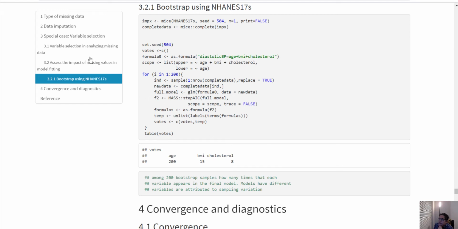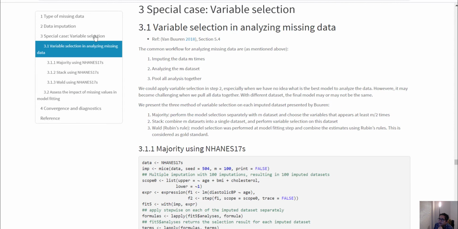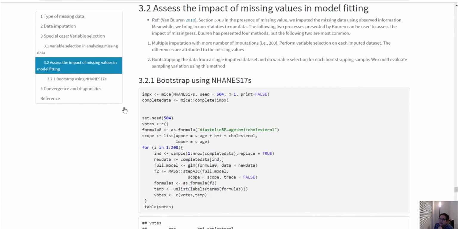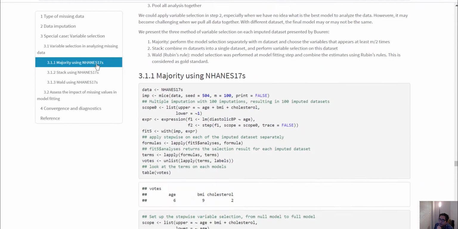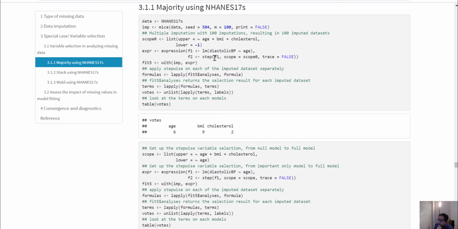So in the previous part we have seen some of the variable selection techniques within the multiple imputation. One point about those methods is that the majority rule especially has been around within the Bootstrap for a while, and the majority rule is also used in the context of multiple imputation.